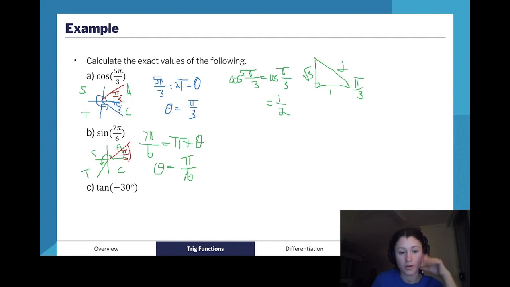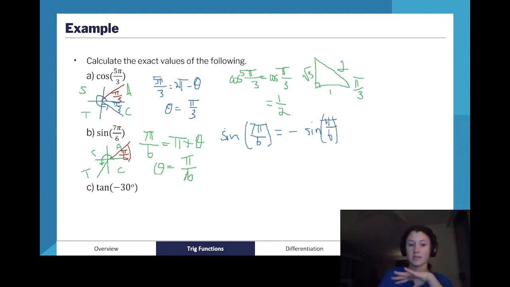So we know that the sine of 7 pi over 6 is equal to the negative of sine pi on 6. And remember, we need that negative because the sine of 7 pi on 6 is negative because it's in that T quadrant, but the sine of pi on 6 is positive because it's in that A quadrant. So we need to pop that negative in there.